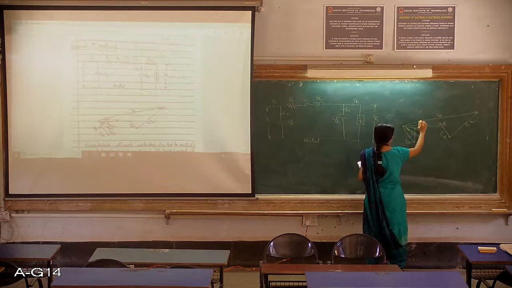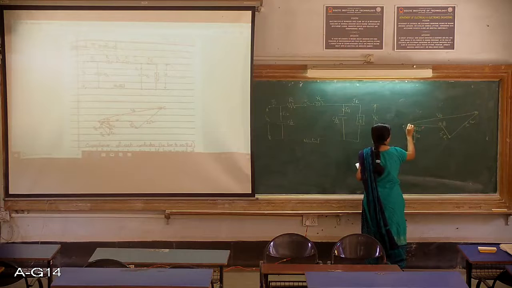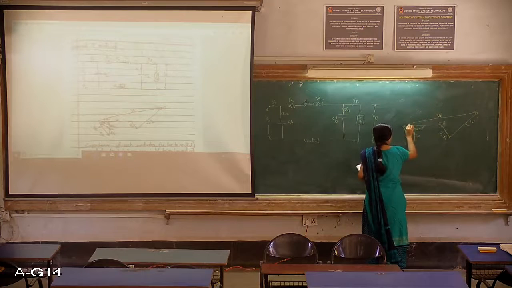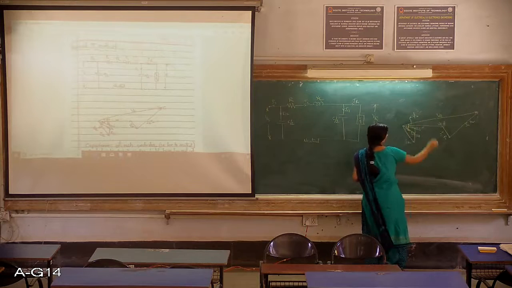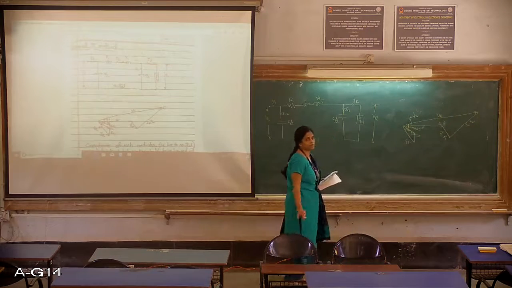The angle between VS and IS is phi s. This vector diagram is very important.